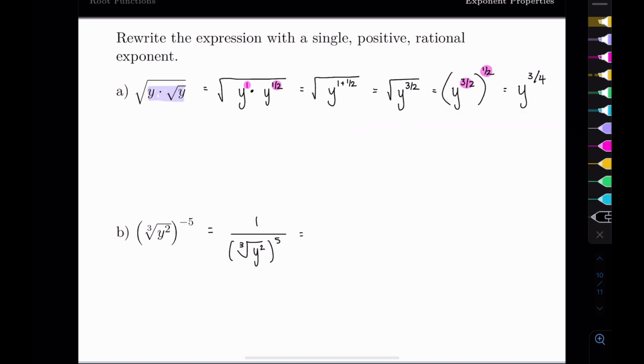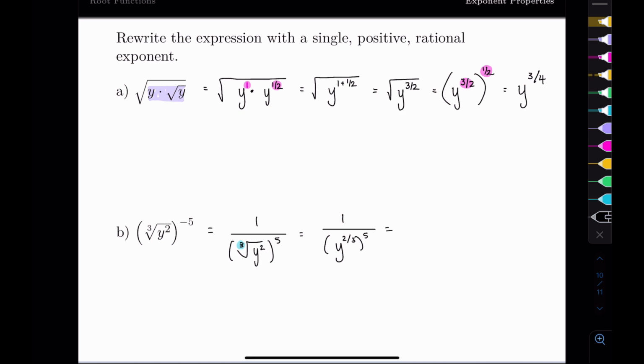And now here, I can rewrite that inside using our 1 property. So this cube root would turn into a 1/3 power. So the inside here is really y to the 2/3. So we're reversing that rule we used in the last example.